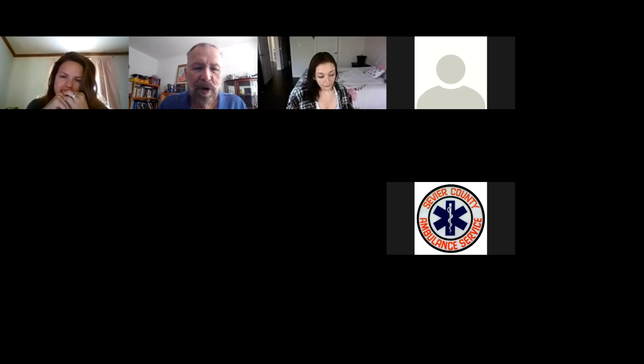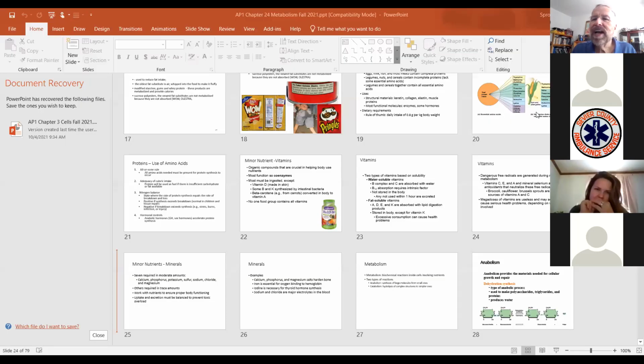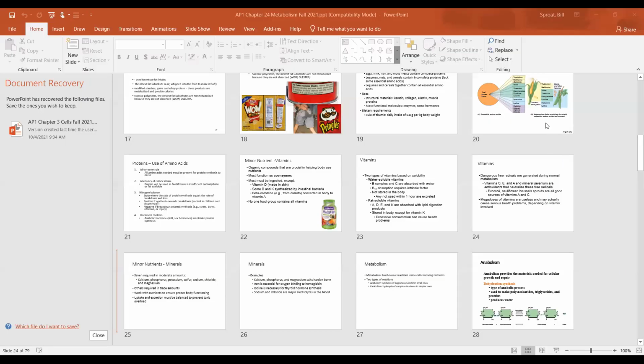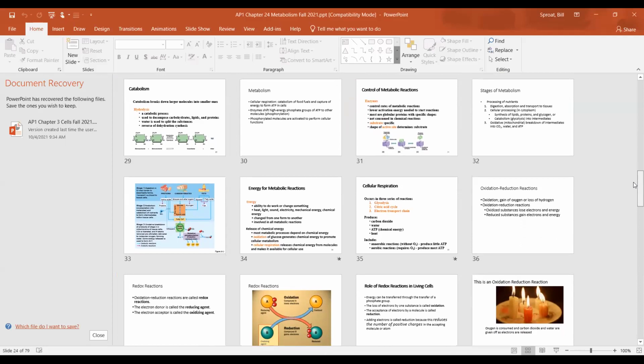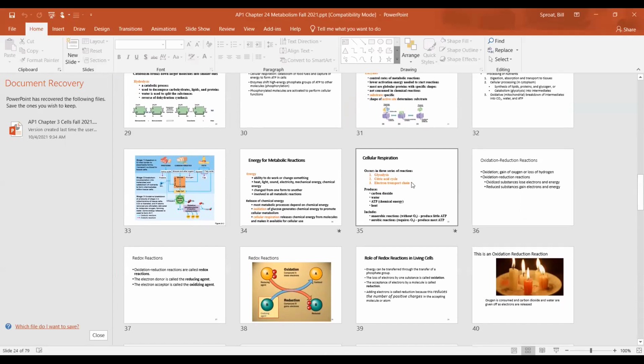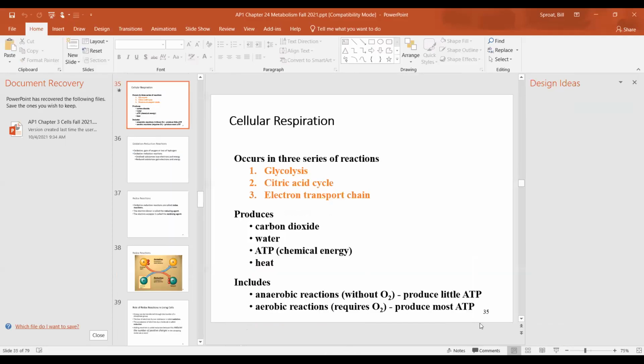So I'm going to go ahead and open this up and go into chapter 24. We talked about anabolic and catabolic reactions a little bit. And we were just about to get to the term cellular respiration.